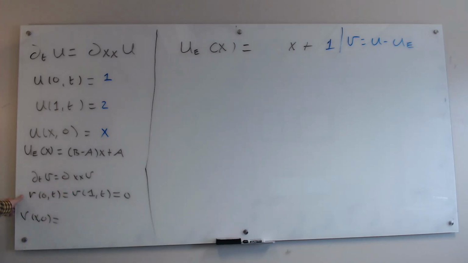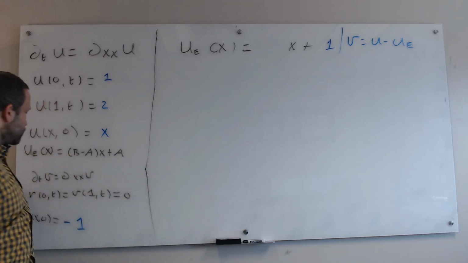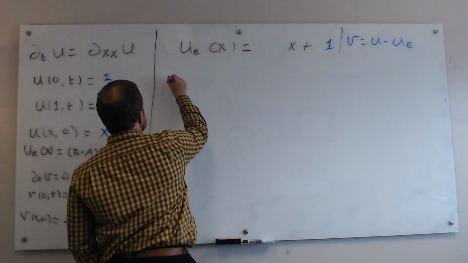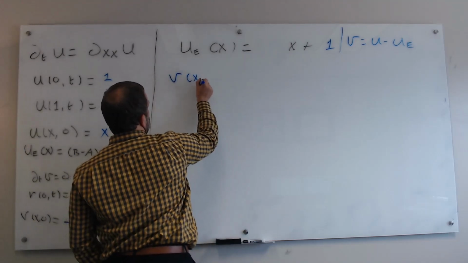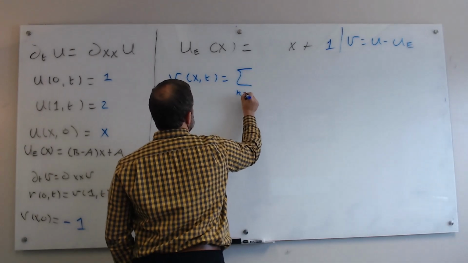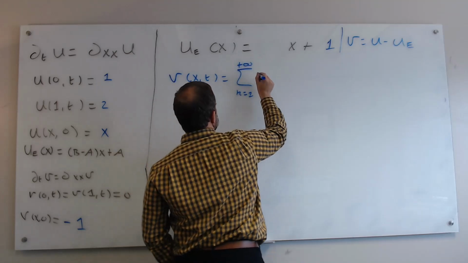V satisfies these homogeneous boundary conditions, and v of x,0 is just going to be x minus x plus 1, so this is just going to be minus 1. So now v satisfies this diffusion equation with homogeneous boundary conditions. And from the very first example I think that we saw doing separation of variables, this is k equals 1 to infinity. The only difference here is we have infinity instead of n.